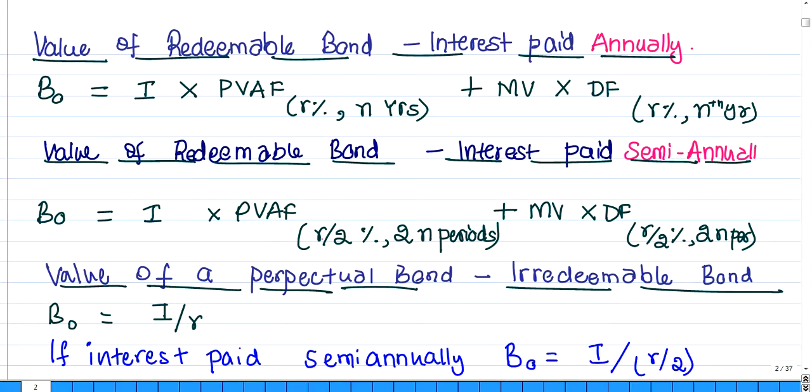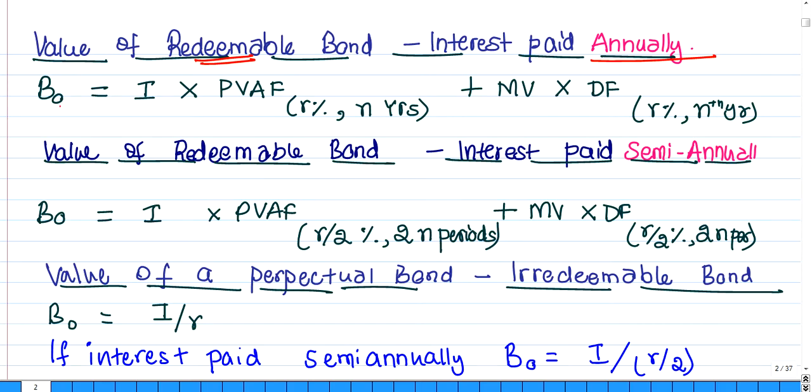Let's go to the value of a redeemable bond. What is redeemable? You will get back your money at the end of the period of the bond. Interest can be paid annually. So how to value?